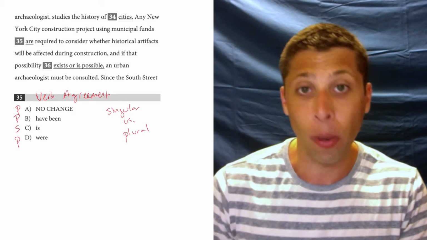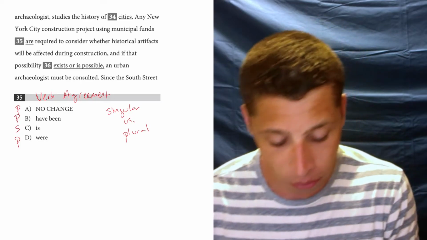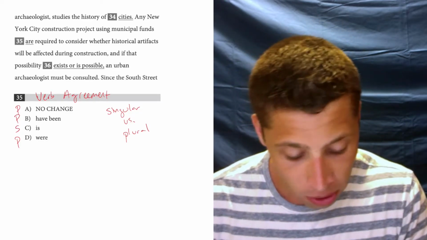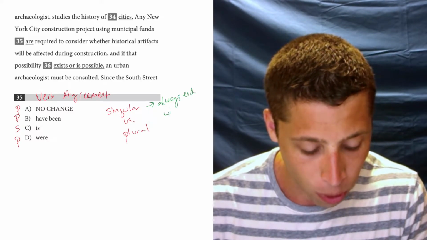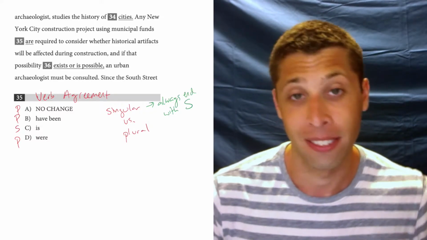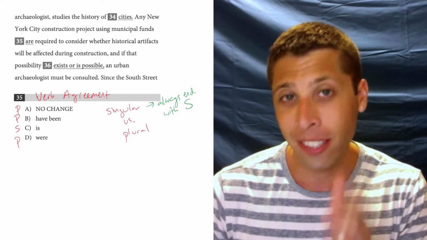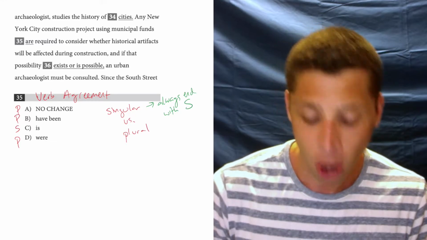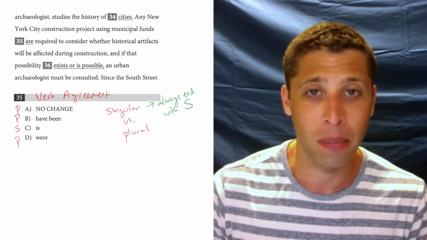Now, how do we know? Well, for most verbs, when we have to choose between the singular and the plural version, singular verbs always end with S, the letter S. And so is, even though it's an irregular verb, still is singular because it ends in S, whereas are, have, and were do not. Another way we can test this is to make a simple sentence.